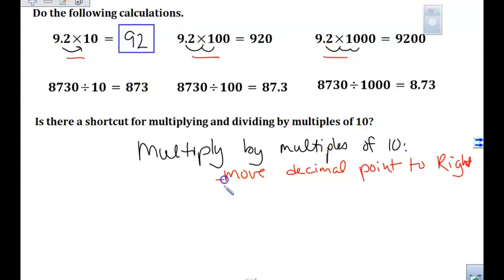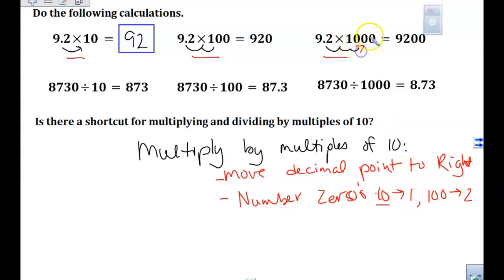By looking at the number of zeros, when I'm thinking about the power of 10. So when I multiplied by 10, I moved it one place. When I multiplied by 100, 2 zeros, I moved it 2 places. Multiplied by 1,000, we moved it 3 places.